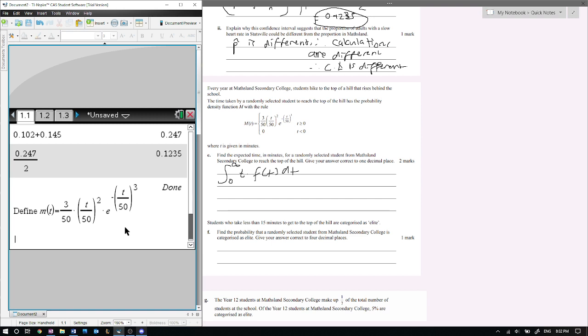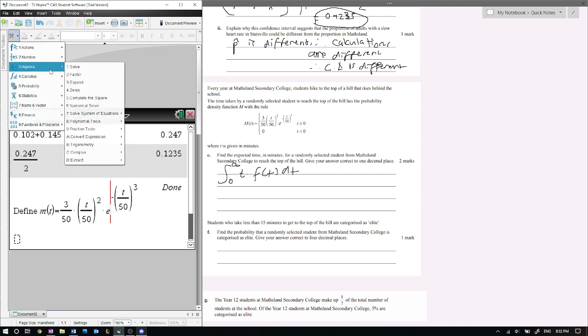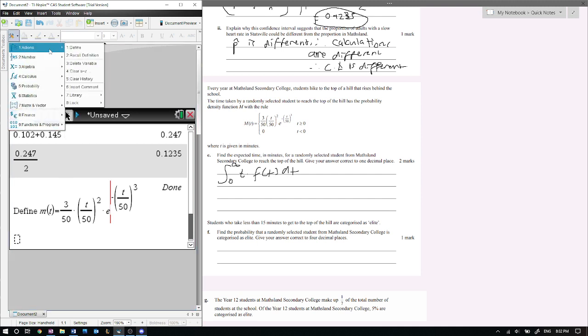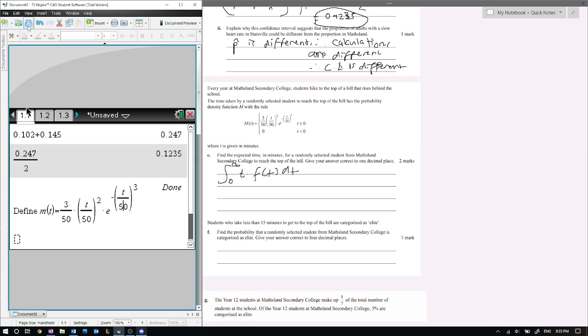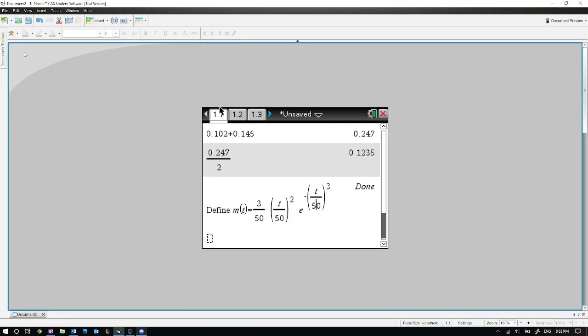Done. And actually, I don't think this e value is right, because I don't think I can just enter e and then just have it equal to the actual value e. And I'm not sure how to do it on the calculator.